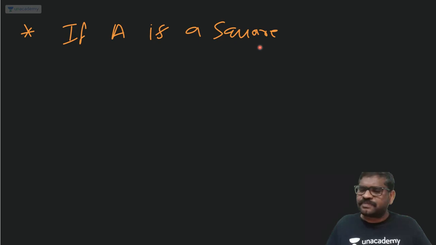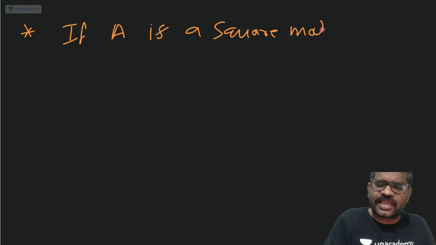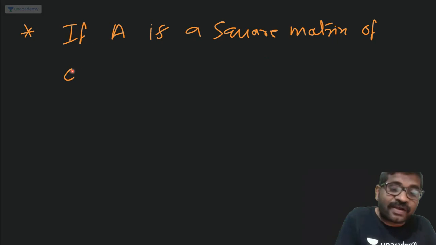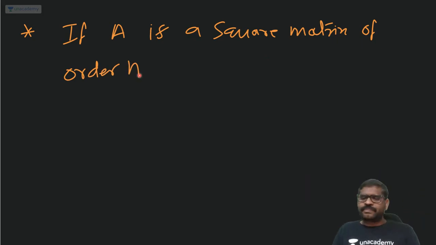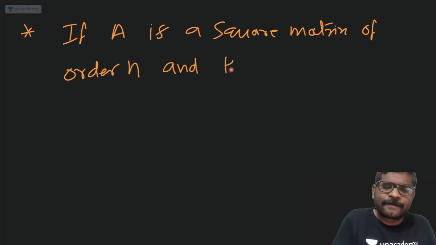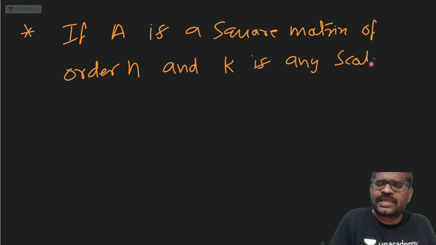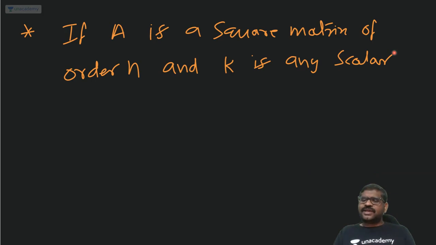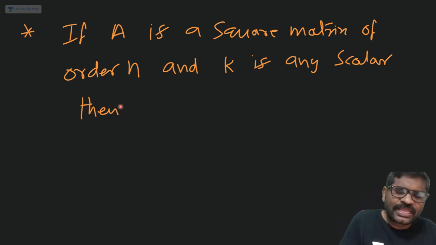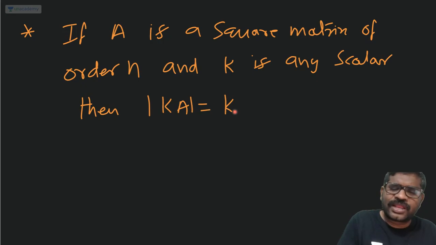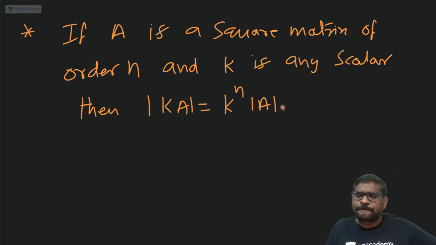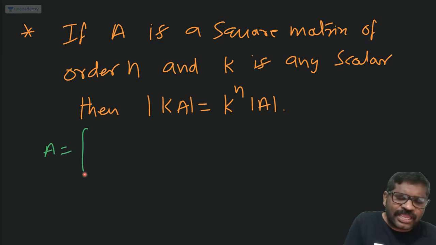If A is a square matrix of order n and K is any scalar, then the determinant value of KA equals K power n into det A. So here, suppose A is a 2 cross 2 matrix.